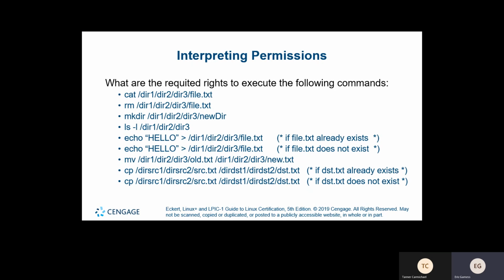X, correct. On dir 2? X also, because I just need to pass through it. On dir 3? What are the minimum rights that I need on dir 3 to remove this file?